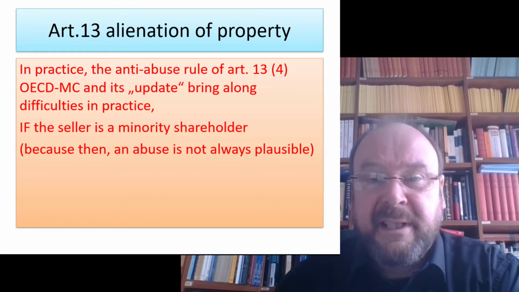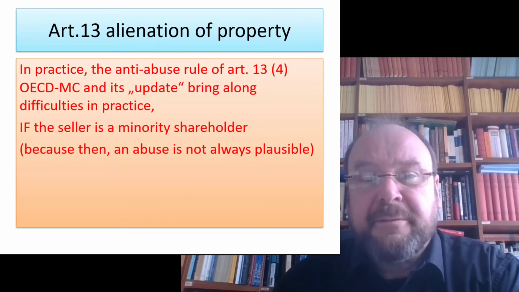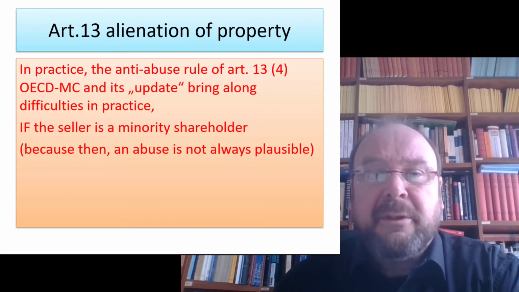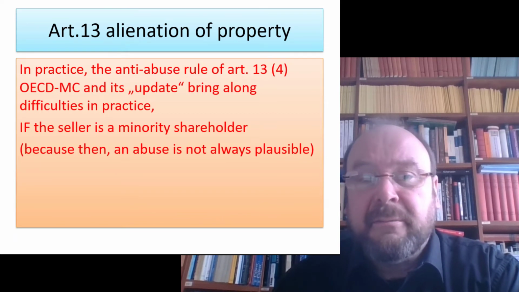Further difficulties can be brought along if it's not an abusive constellation. Because if you are, let's say, a minority shareholder in such a company, you will probably not have a possibility to obtain the necessary information to declare your tax declaration correctly.